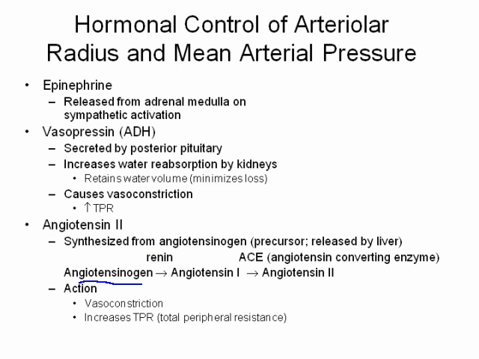Renin is an enzyme that converts angiotensinogen into angiotensin I. Another enzyme, which we abbreviate as ACE, stands for angiotensin converting enzyme, converts angiotensin I into angiotensin II. Angiotensin II causes vasoconstriction. It causes vascular smooth muscle to constrict, which of course is going to increase total peripheral resistance. So these are some of the hormonal extrinsic factors that affect blood pressure.